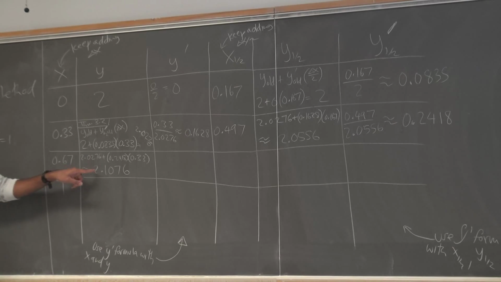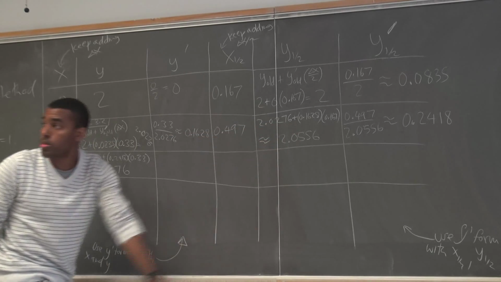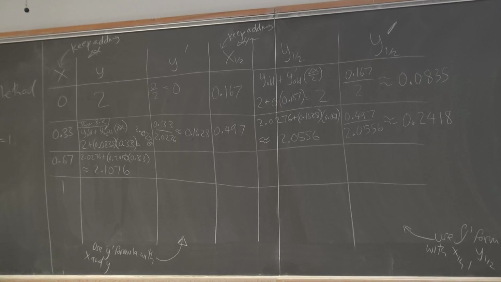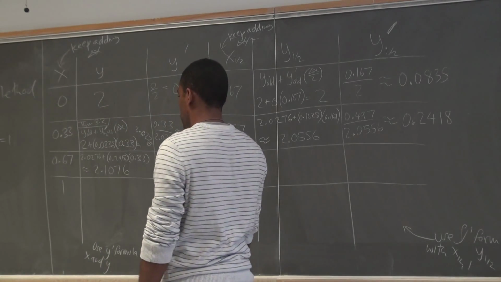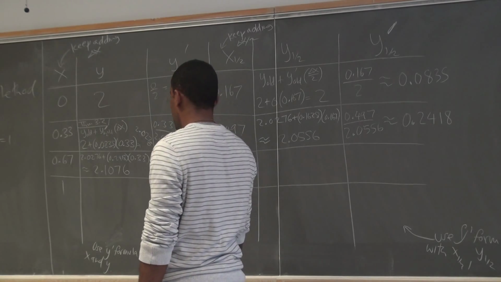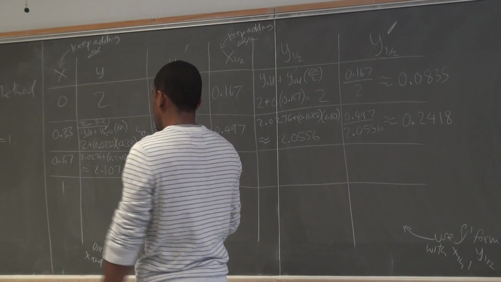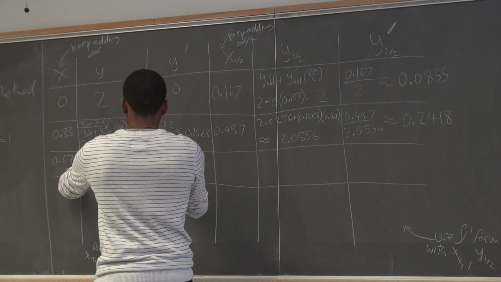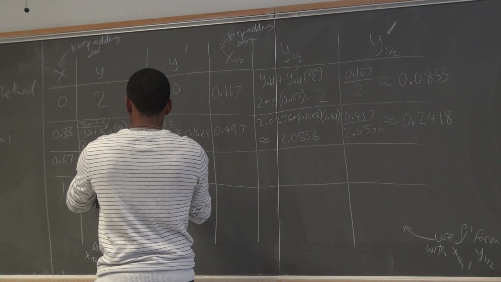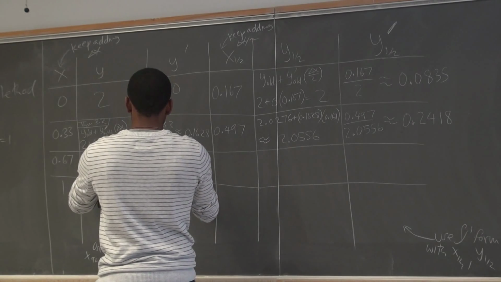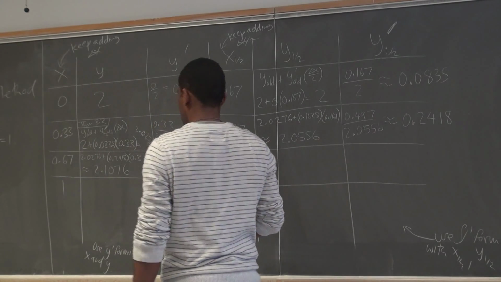For this column, I always use that y prime. And what's the y prime here? The x, 0.67, divided by the y, 2.1076, which is?